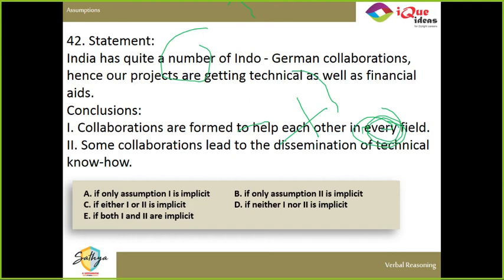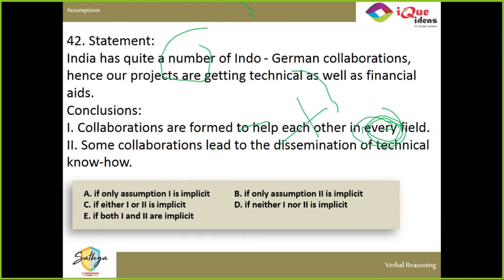What about the second one? Some collaborations lead to the dissemination of technical know-how. Dissemination means spread. Yes, it is definitely true. That's why the sentence works. Right? Because we are getting technical aid.